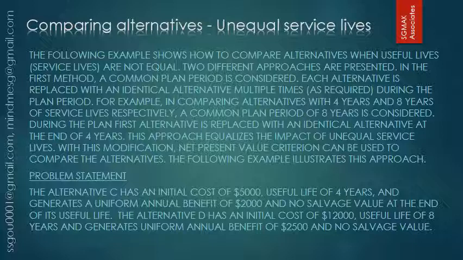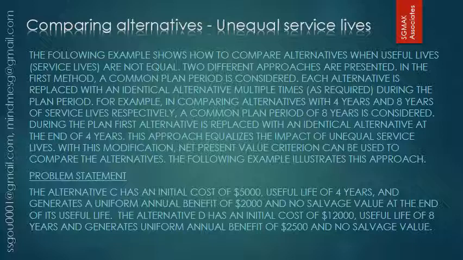Each alternative is replaced with an identical alternative, with an identical cost structure, multiple times as required during the plan period. For example, if you're comparing alternatives with 4 years and 8 years of service life respectively, we take a common plan period of 8 years, which is the minimum that will cover both.